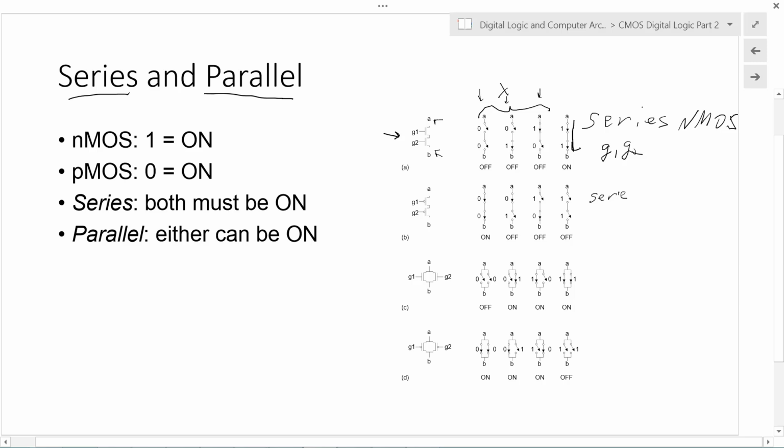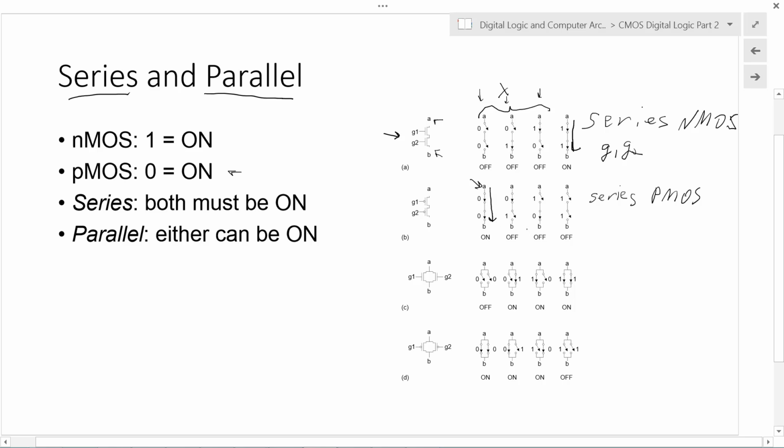If we look at series PMOS transistors, then there is a connection between A and B if and only if both the gate voltages, G1 and G2, are equal to 0. Because a PMOS is on or connected if and only if the input is 0. So if G1 and G2 are both 0, in this case here, then there's a connection from A to B and current flows.